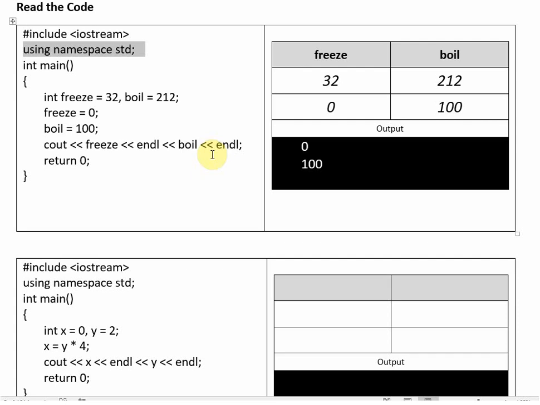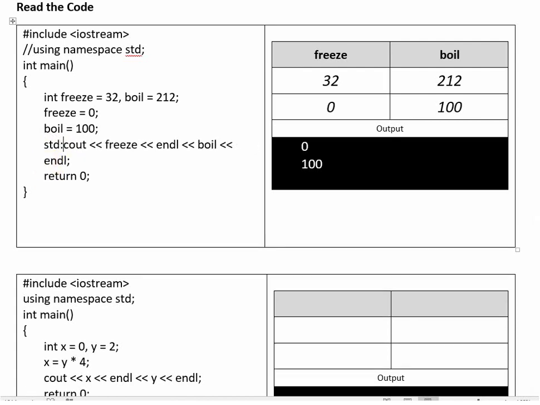Now, why do you have the using namespace std? It's because if we didn't have this statement, I'm going to go ahead and comment it out so that it's not going to be recognizable in C++. Whenever we use the cout statement, we would have to precede it with std::.